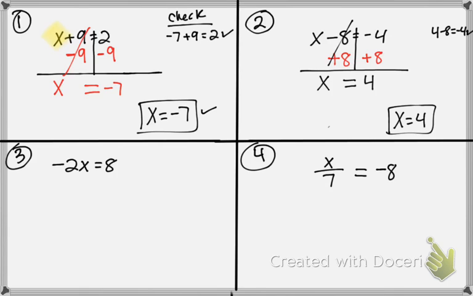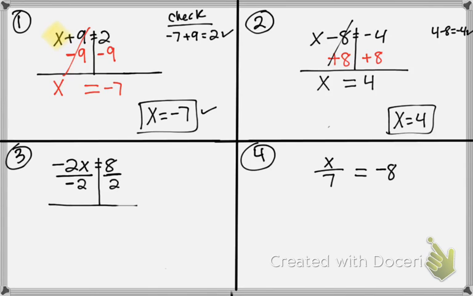Number 3, we have negative 2 and an x. So there's nothing in between the negative 2 and the x. So when there's nothing, I'm going to assume that they're multiplying each other. Okay? So I'm going to go ahead and draw my line. Since these two things are being multiplied, I'm going to divide, because the opposite of multiplication is division. I'm going to divide by that negative 2. And whatever I do on one side, I have to do on the other.